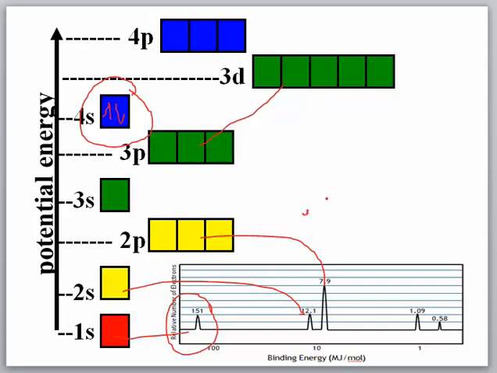The further you are away from the nucleus, so wherever those energy levels are located, the greater the potential energy. Make sure you get potential energy and binding energy straight. So then you would move, there's your 3s right there, and then your 3p, and this element has 3p1.